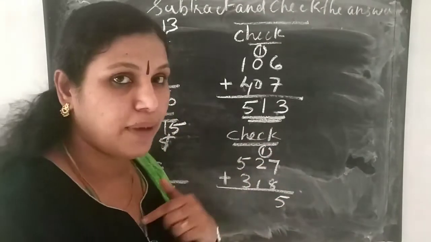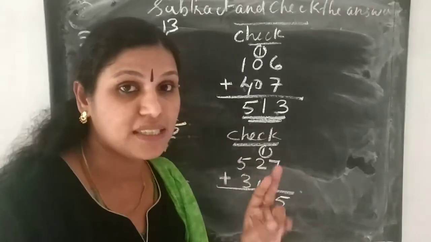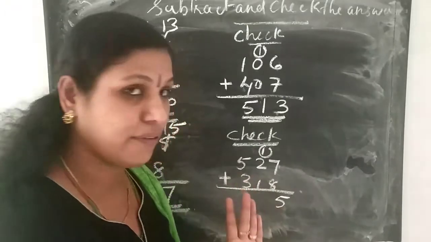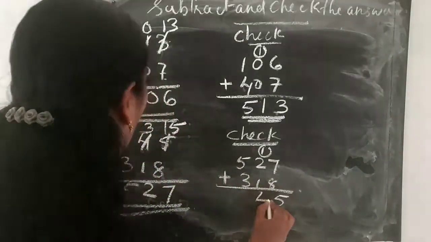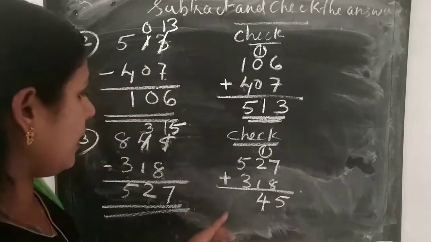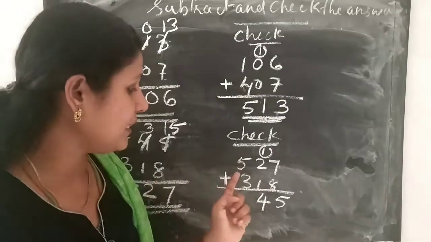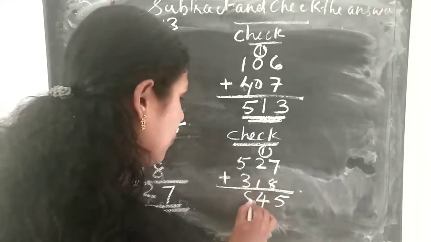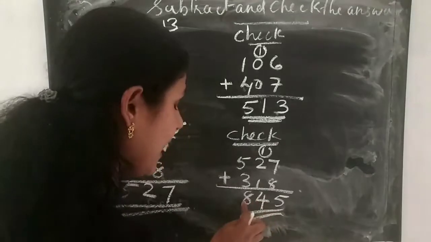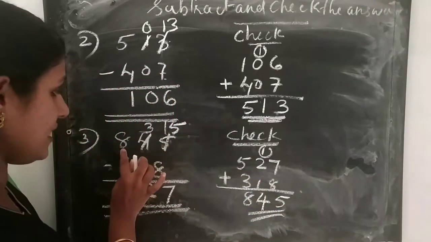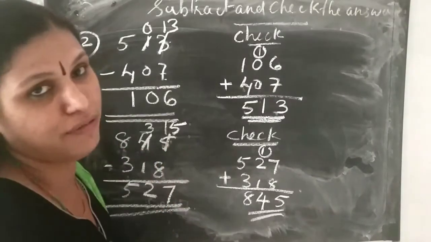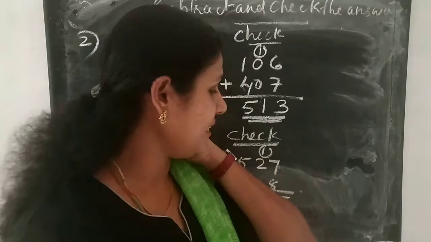Then 1 in the mind, 2 in the fingers, now we get 3. Now 3 in the mind, 1 in the fingers, we get 4. Now 5 in the mind, 3 in the fingers. After 5: 6, 7, 8. So here we get the answer 845. See, our minuend here is 845. So our answer is correct.